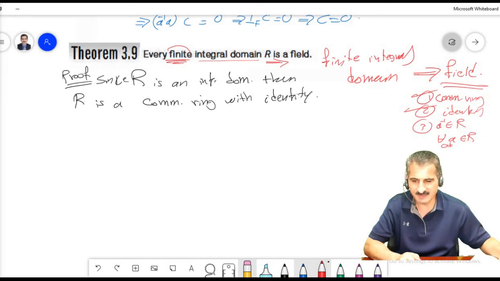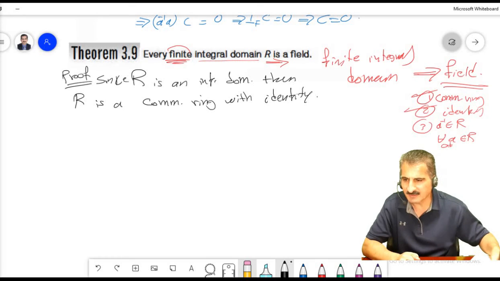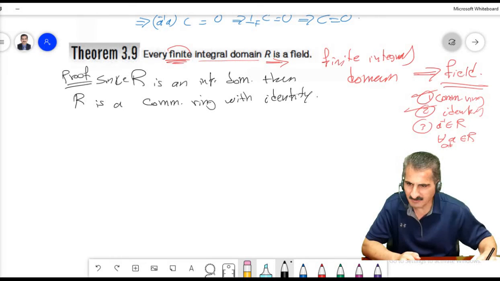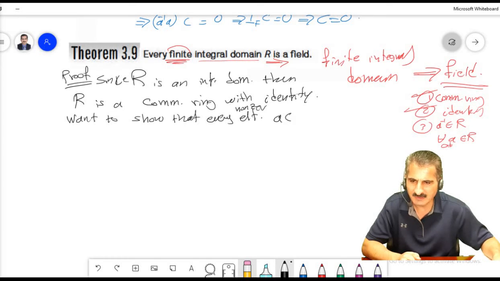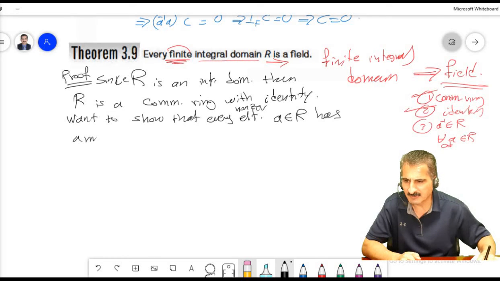So what's left is we want to show that every non-zero element A in R has a multiplicative inverse, A inverse belongs to R.